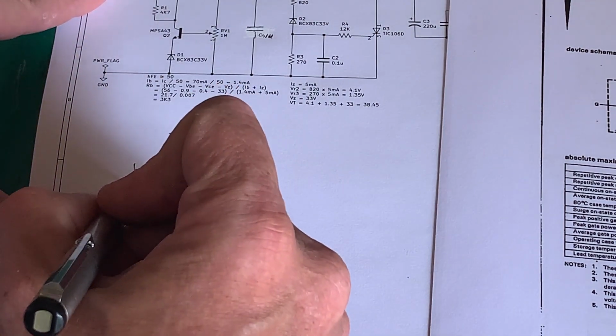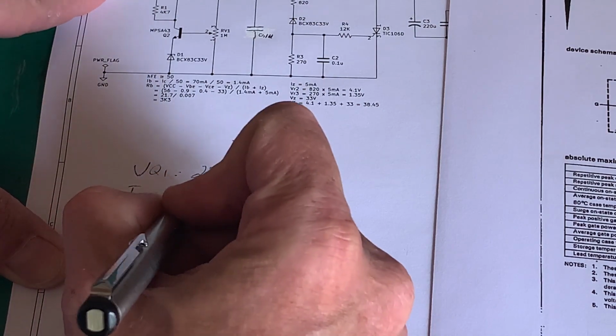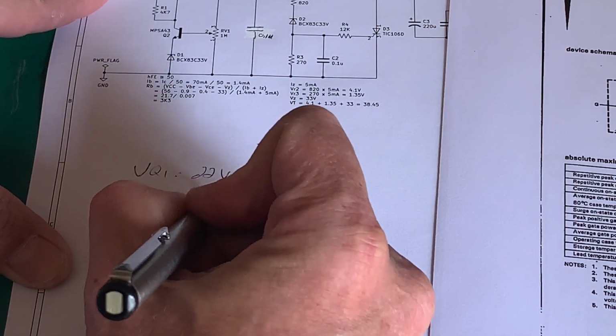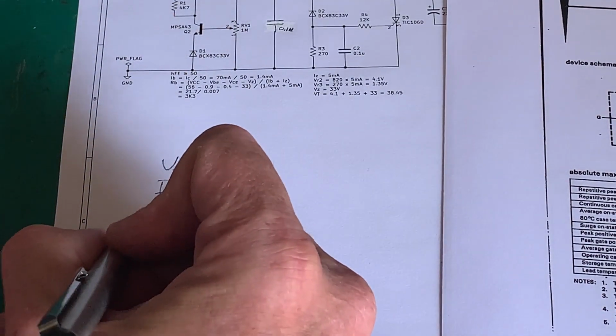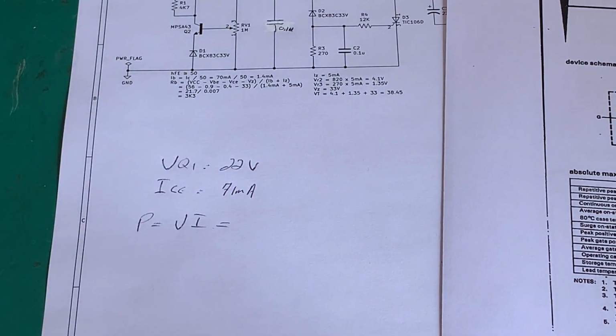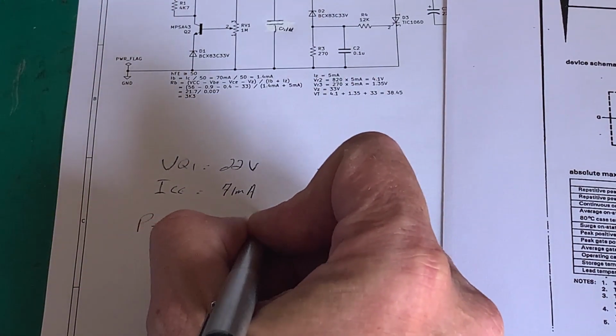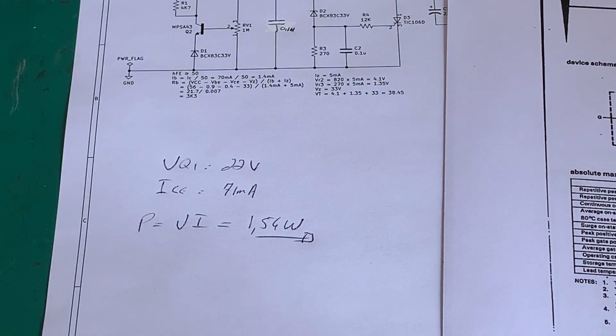So let's say collector emitter current equals 71 milliamps. Now if we want to know the power dissipated across there, we can just say P equals VI, which is going to be what, let's say 22 times 0.07, and that's going to give us 1.54 watts of power.